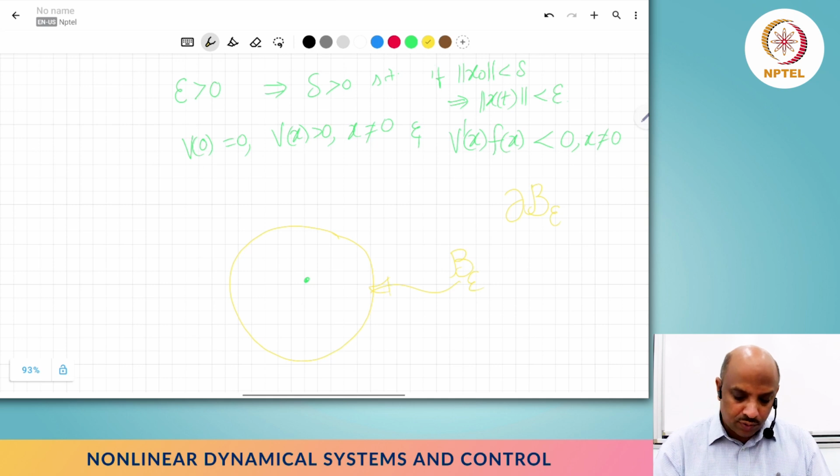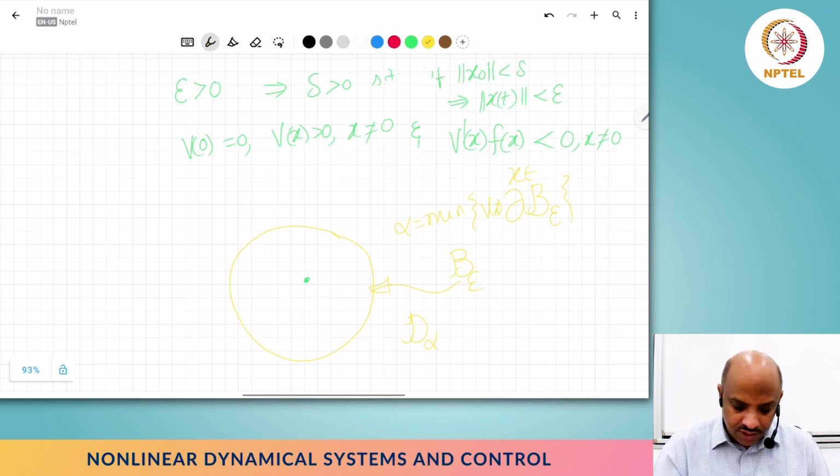On this boundary, I am going to minimize the function V of x. And I'm going to get some alpha or something like that. So what do I know about this boundary? The minimum value of this V of x is alpha. Okay, so then I'm going to do this strange thing.